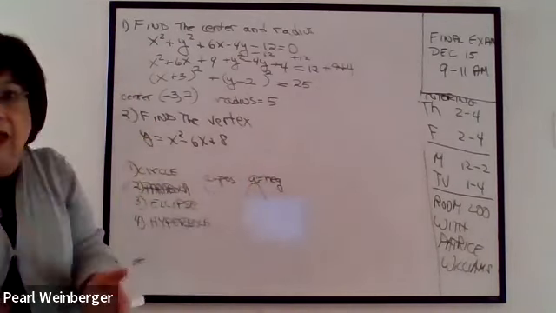And 9 minus 18 is negative. You can always stick this in your calculator, remember, because you are allowed to use your calculator. 9 minus 18 is negative 9 plus 8 gives me negative 1. So the vertex is the point 3, negative 1.